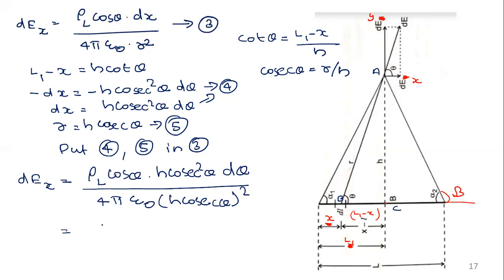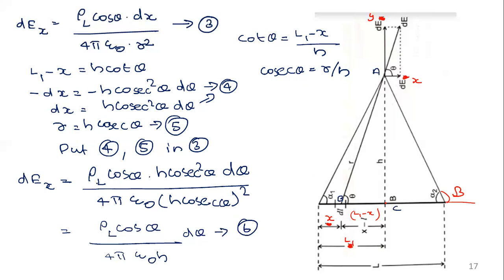So it will be rho L cos theta divided by 4 pi epsilon 0 h d theta. Right? Correct or not? Cosec and cosec will cancel, h and h square, so one h will be there, then d theta. Is it clear for everybody? Yes, sir. Okay.